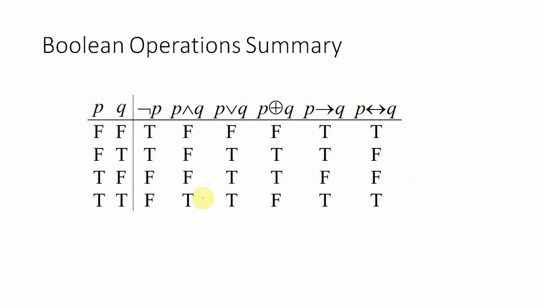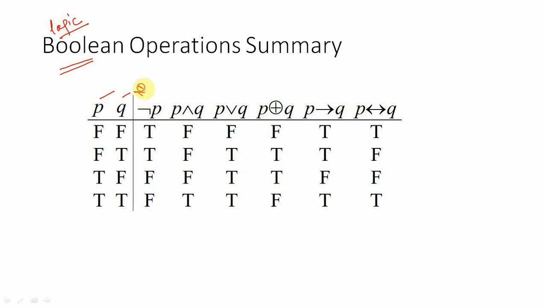Let's summarize the various Boolean operations that we have talked about till now. If I have two atomic propositions P and Q, I can perform different Boolean operations or logic operations. Boolean operations and logic operations are essentially interchangeable, because in both cases we are working only with two values, true and false, or 1 and 0.